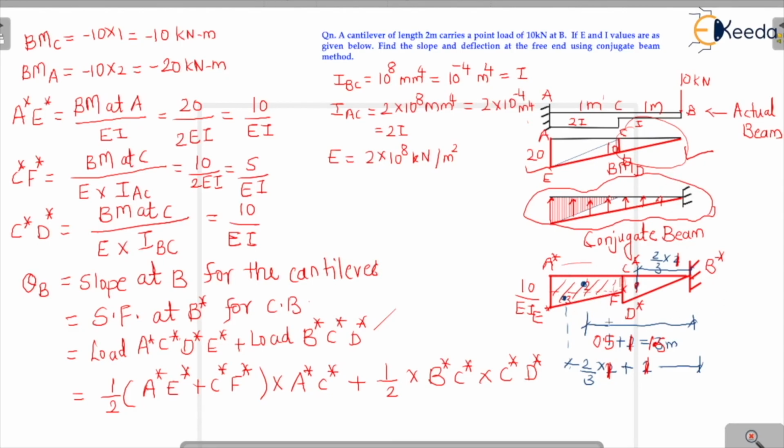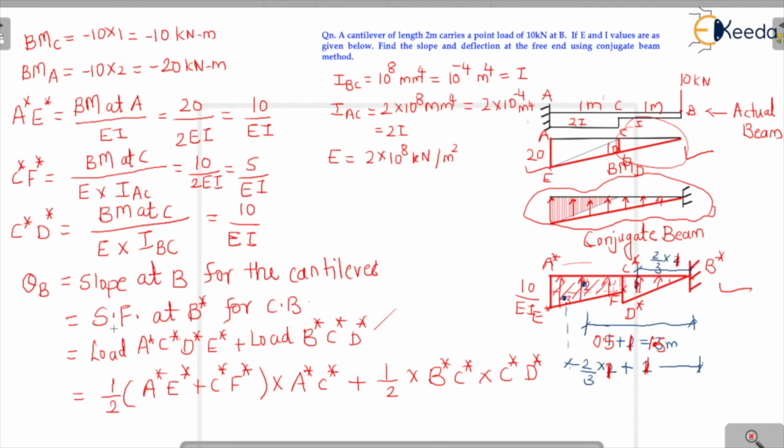Once you are done with this, the loading will all be upwards. Then only do the calculation of slope and deflection. Slope for the cantilever beam is nothing but shear force for the conjugate beam, and shear force is only the area of those triangles or rectangles, whatever shapes are there.